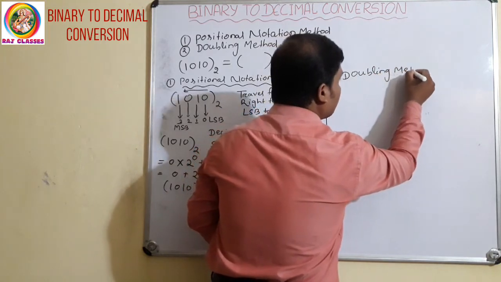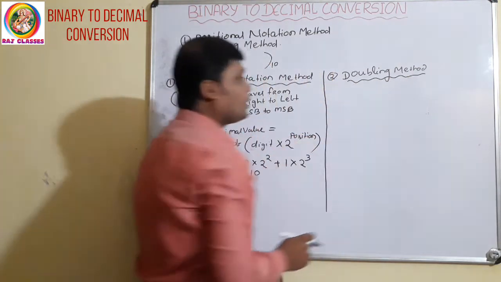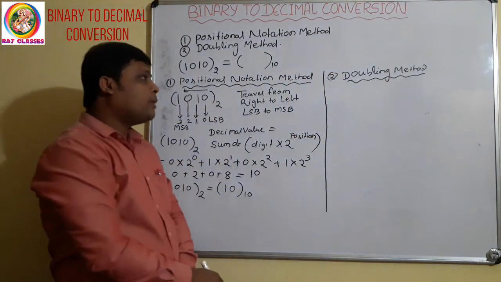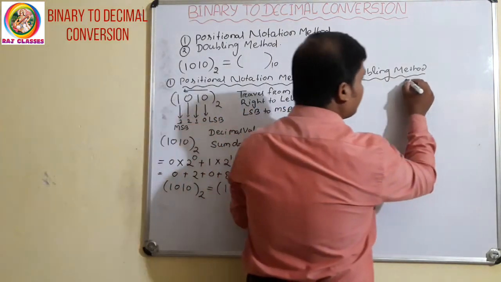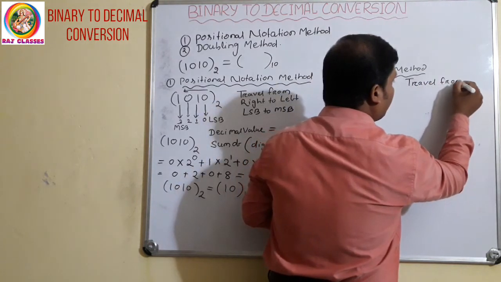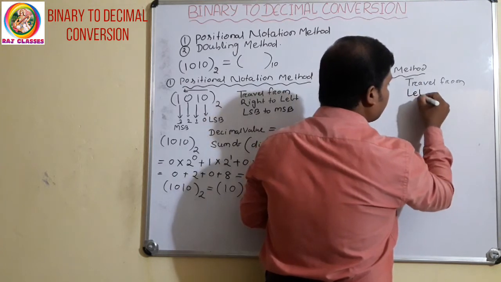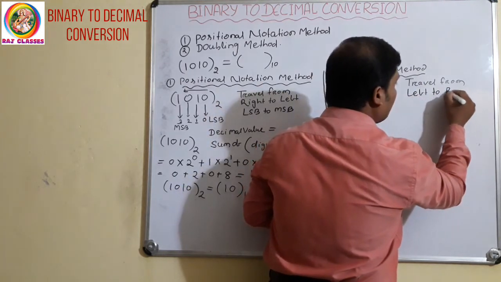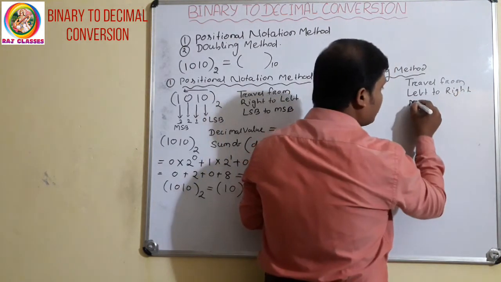Doubling method. In the doubling method, what you will do? First, you have to travel from here, left to right. Clear?